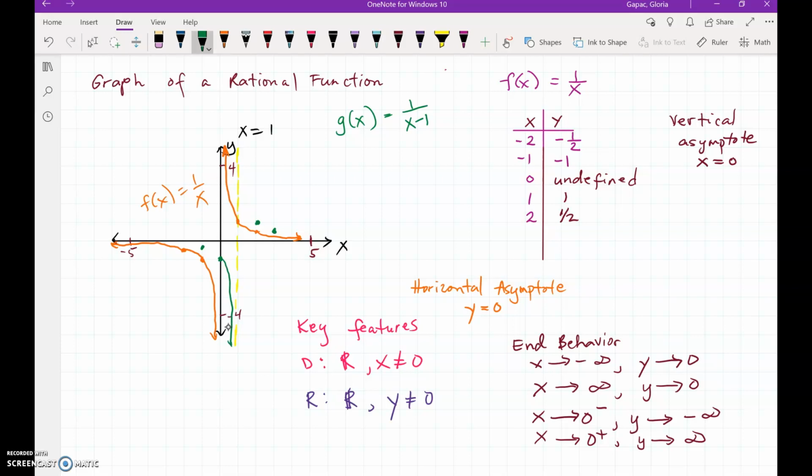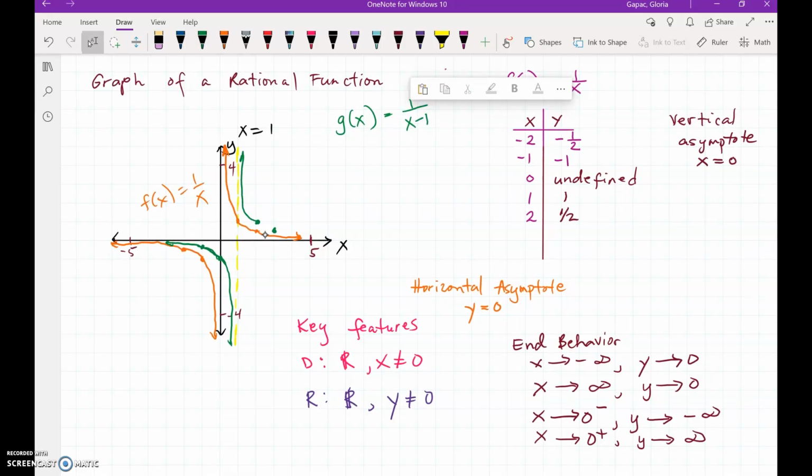And then on my left end, as x gets smaller and smaller, as x approaches negative infinity, the y is approaching 0. Then coming from the right side, as x gets closer and closer to 1, the y value is approaching positive infinity. But as x gets bigger, the y is approaching 0 also.